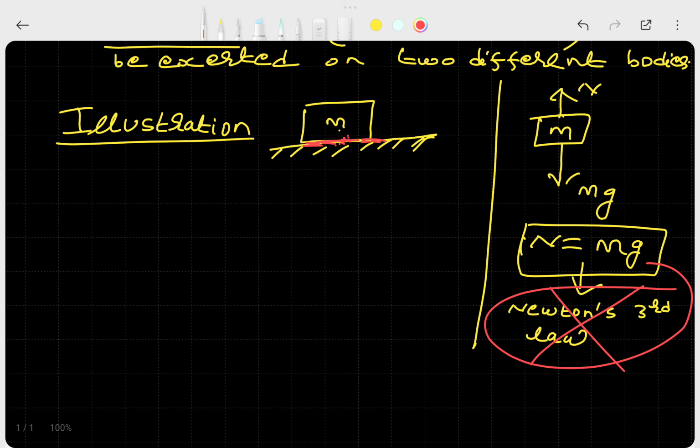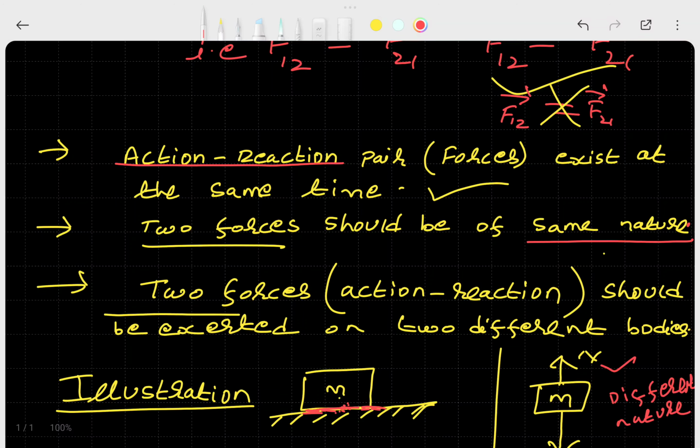Totally wrong, because N and mg are of different nature. They are not the same. One is electromagnetic, another is gravitational force. Two forces should be of the same nature, but in this case they are of different nature.